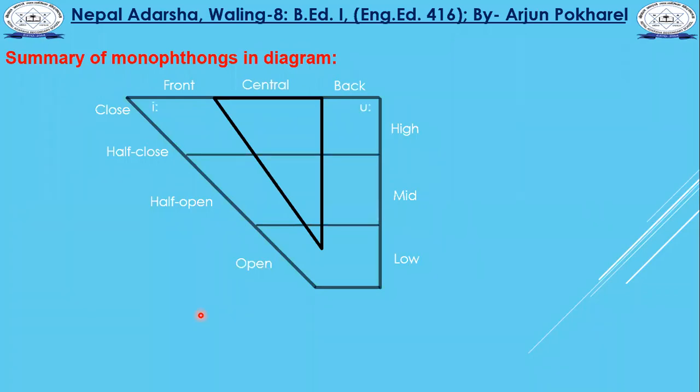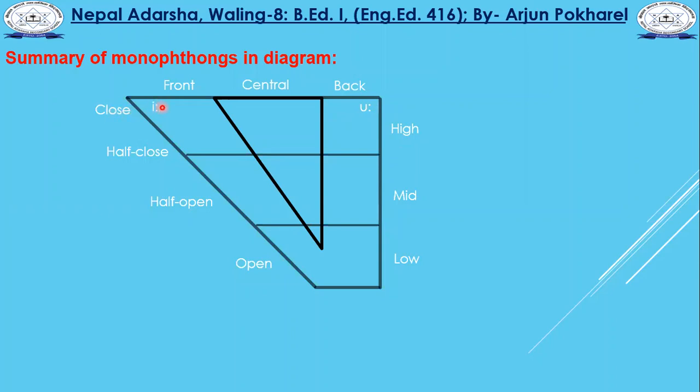Now you can see these two sounds, long E and long U. They are high vowels, and here they are closed vowels as well.